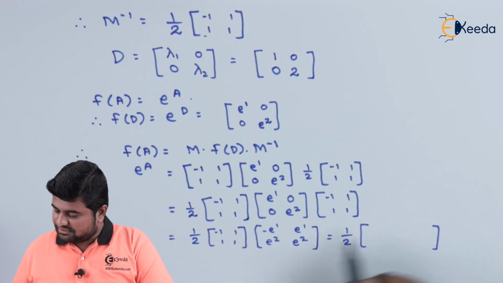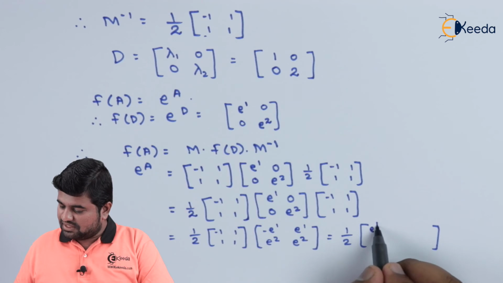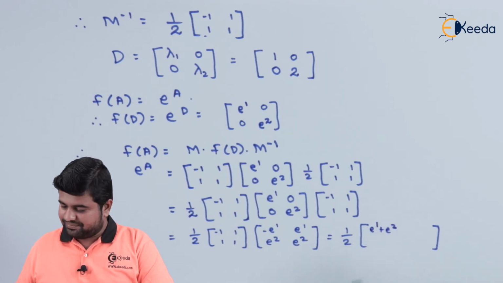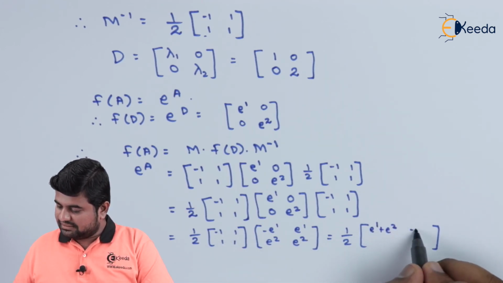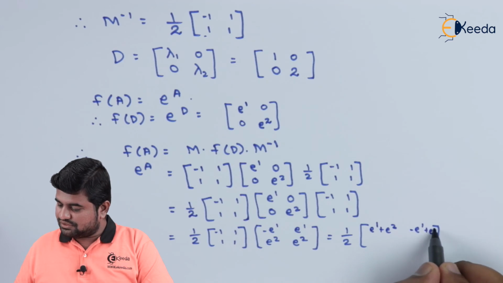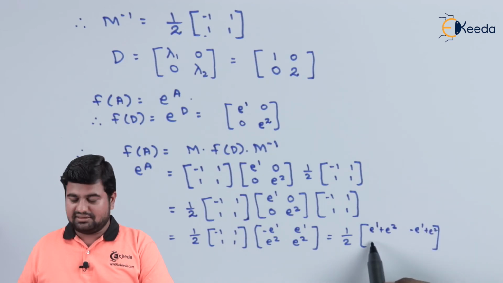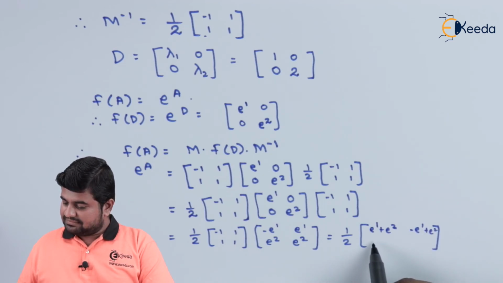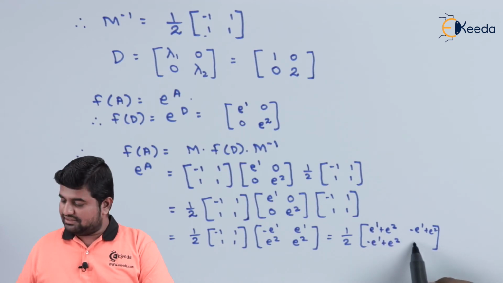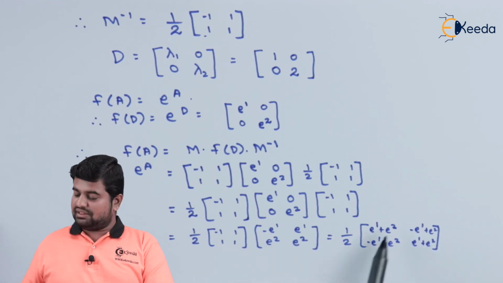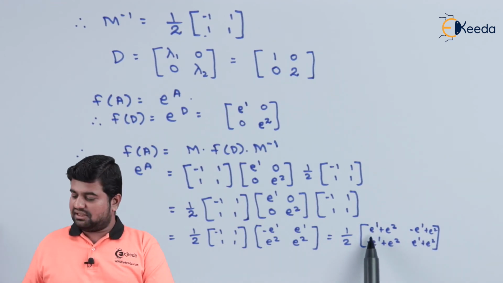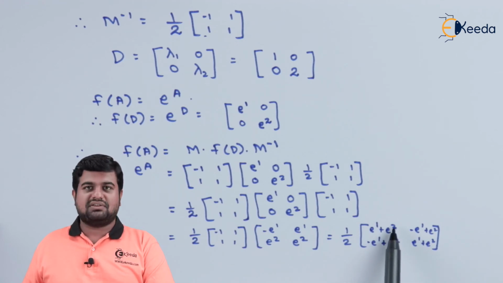So this is e raised to 1 plus e raised to 2, here minus e raised to 1 plus e raised to 2, again here minus e raised to 1 plus e raised to 2 and e raised to 1 plus e raised to 2. Now you can put the values of e as 2.73 raised to 1 plus 2.73 raised to 2.